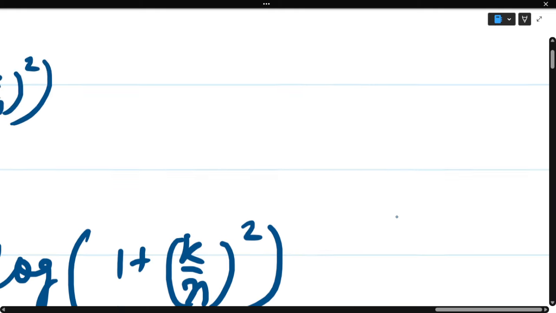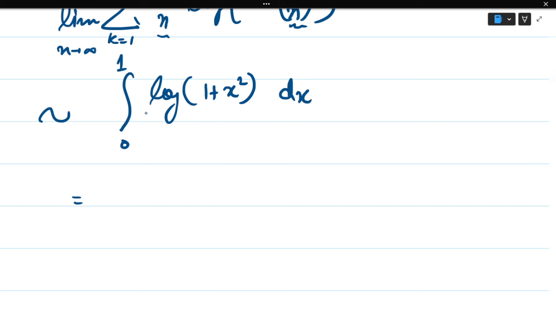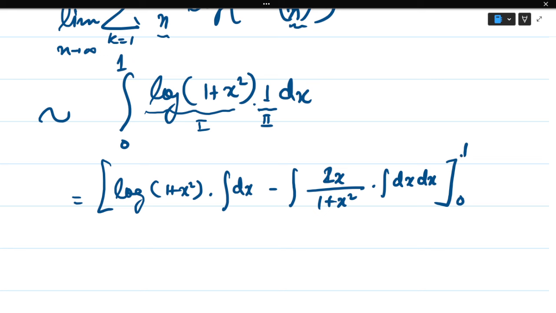Now we need to find the integration of this, so we will apply the Euler rule, right? So log (1 plus x) square is our first function and 1 is our second function, so it will be log (1 plus x) square dot integration of dx, minus integration of differentiation of first, which is 2x by (1 plus x square), times integration of second, and the entire limit is going from 0 to 1, right?